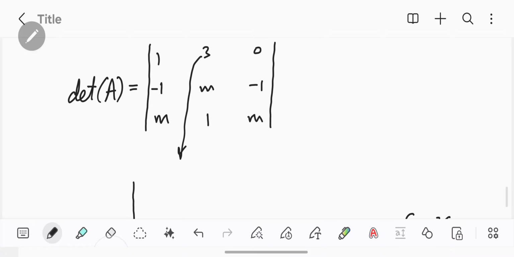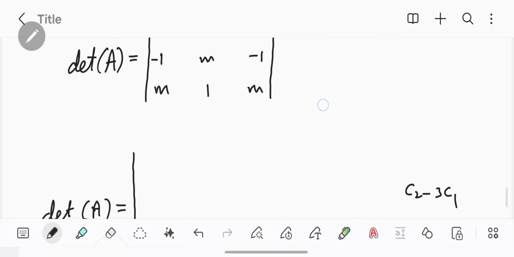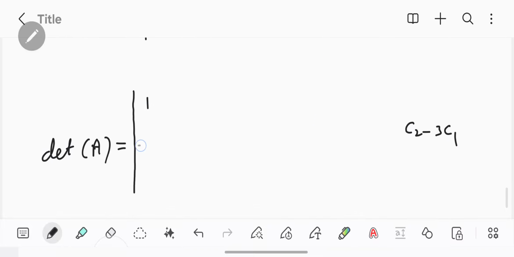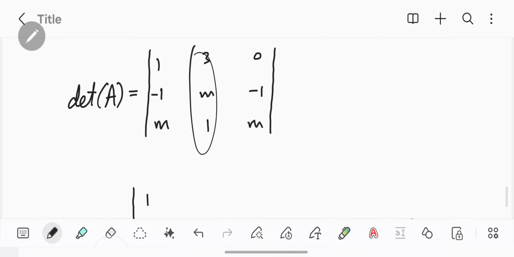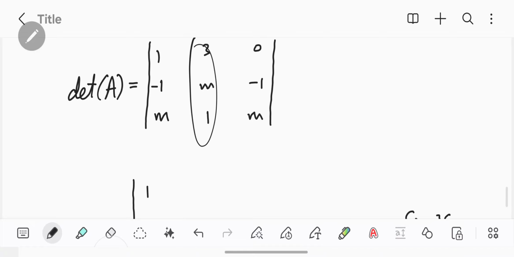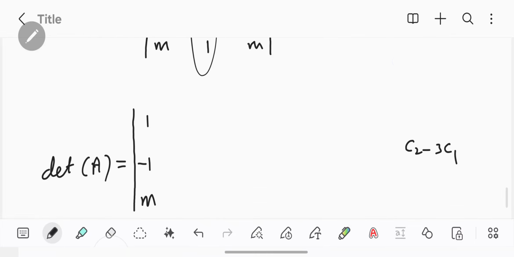So I will make changes in this column. These two columns will remain the same, 1, minus 1, m, and 1, minus 1, m. The changes I will make in this column. So it is C2 minus 3 times C1.